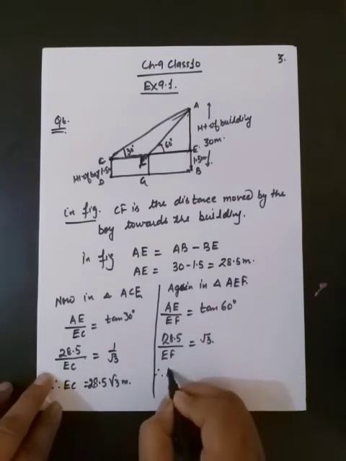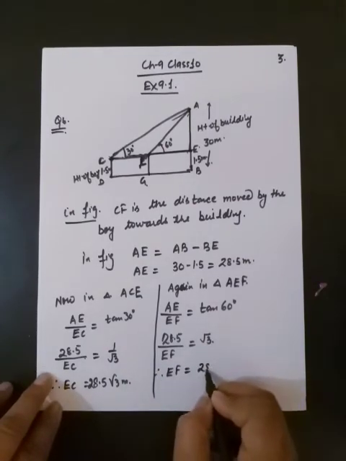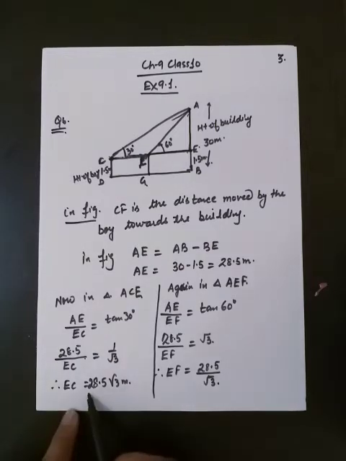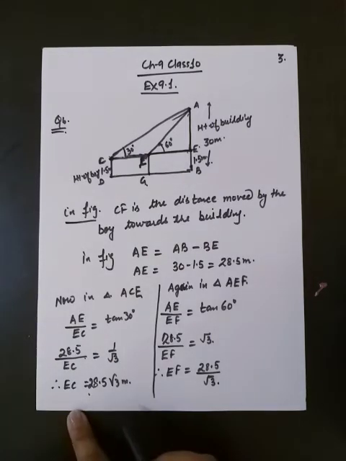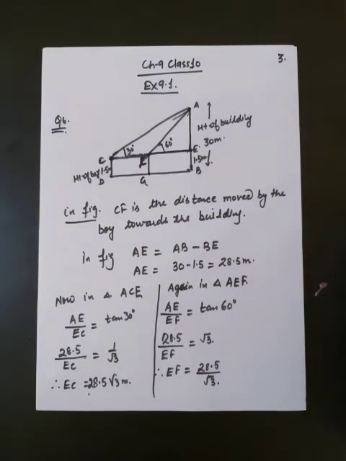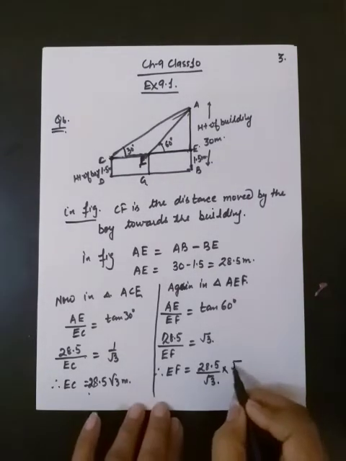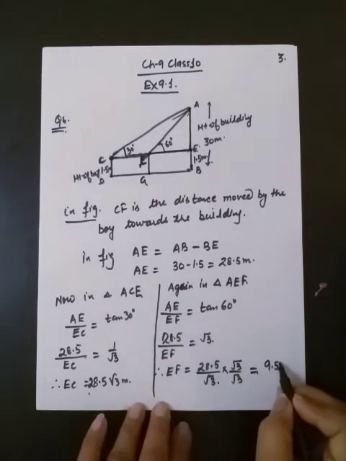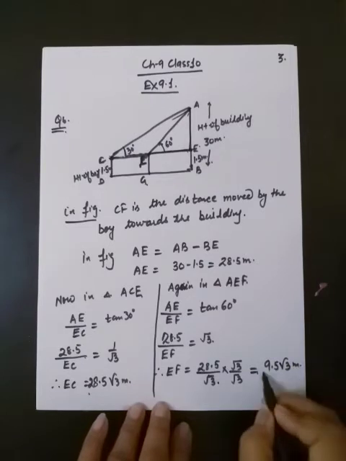So therefore EF will be 28.5 by root 3. EF is known and EC is known. We can find the value of CF by subtracting EF from EC. Here we can rationalize it and it will be 9.5 root 3 meter.